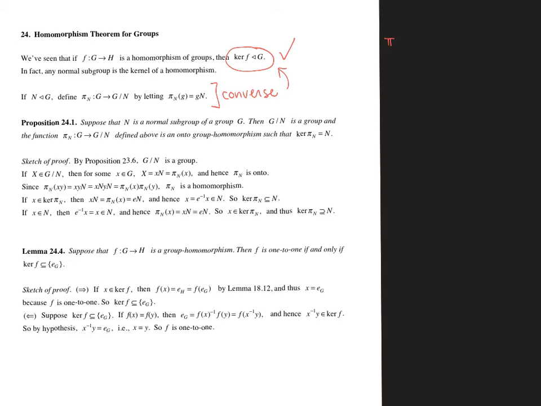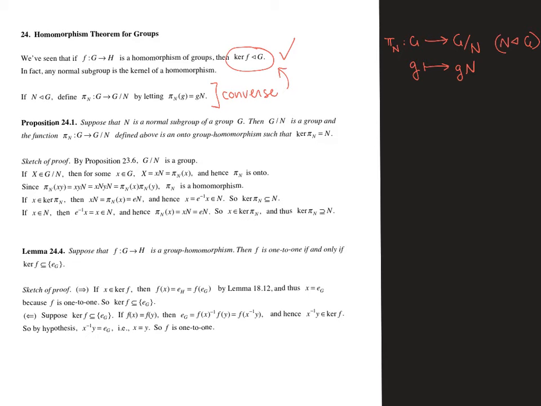So let's talk about this map, this pi sub n of g map. I'm going to build a function that takes an element of G to a coset in G mod n. What do I know about n? I know that n is a normal subgroup of G. The way this works is I take an element g and send it to whatever coset it belongs to. Every element in my group G belongs to some coset in G mod n, and I just send it there.